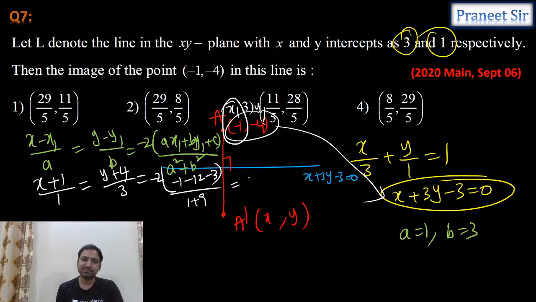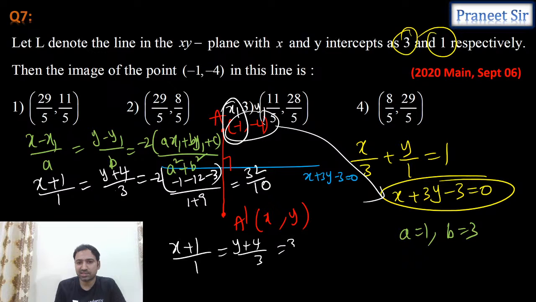So let's simplify this. Minus 15 minus 16, 2 times 16, which is 32. 32 by 10 we are getting. So finally this is what we're getting, guys. x plus 1 by 1 is equal to y plus 4 by 3 is equal to 32 by 10, or we can write it simply as 16 by 5.